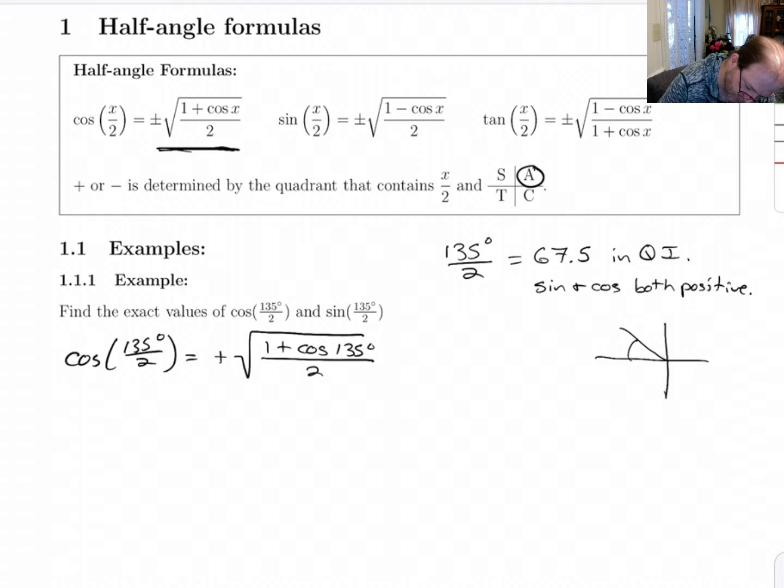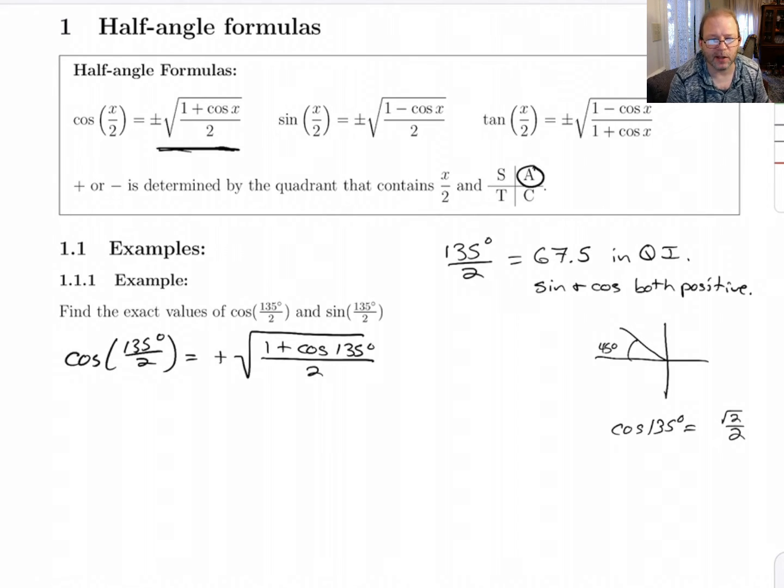Its reference angle is 45 degrees. And so cosine of 135 is going to be root 2 over 2 for the number, and for the sign, whether it's positive or negative, we're in the second quadrant here. So cosine of 135 is going to be negative.